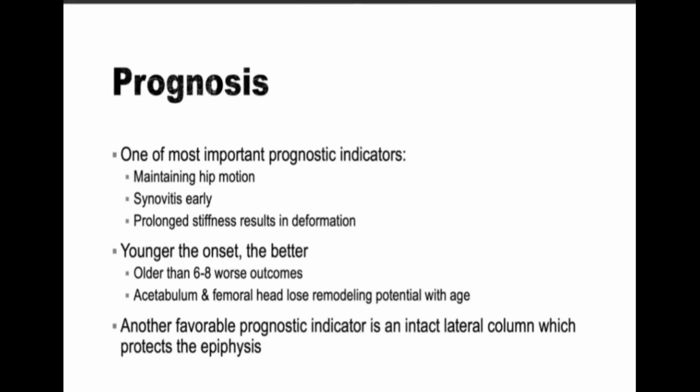We know that the younger the patient starts developing symptoms, the better, because they have more potential for remodeling. So older than age 6 to 8 tends to portend a worse outcome because you lose that potential for remodeling. Another favorable prognostic indicator is how much of that lateral column is intact. So less of a deformity tends to lead to less of a deformity down the road.